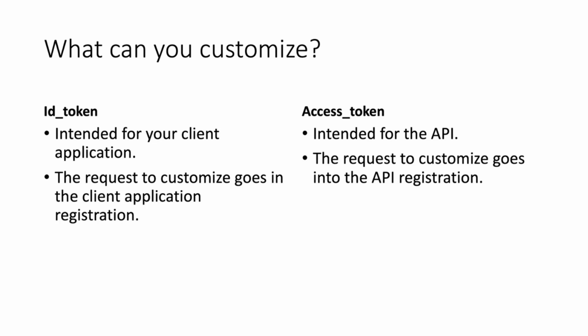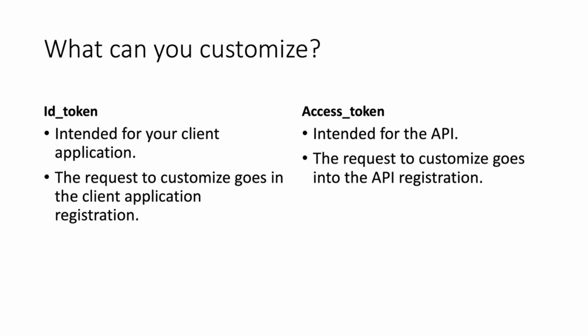So imagine if I have a web application and a web API, the request to customize the ID token will go in the web app, not the API. But the request to customize the access token will go in the API.